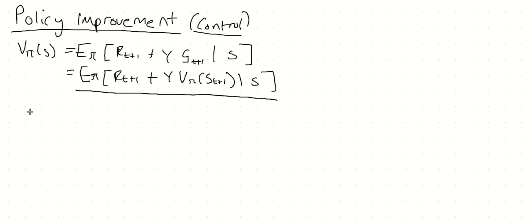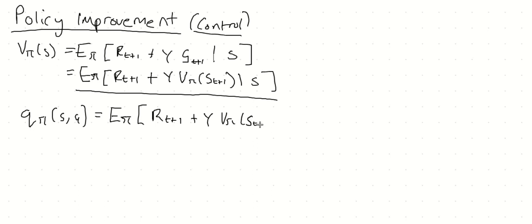So how do we define now q pi of s comma a? There is not that much difference here. Actually, the only difference is that we have an extra condition in our expectation, because it's the expectation under pi of r t plus 1 plus gamma v pi of s t plus 1, as we had before.